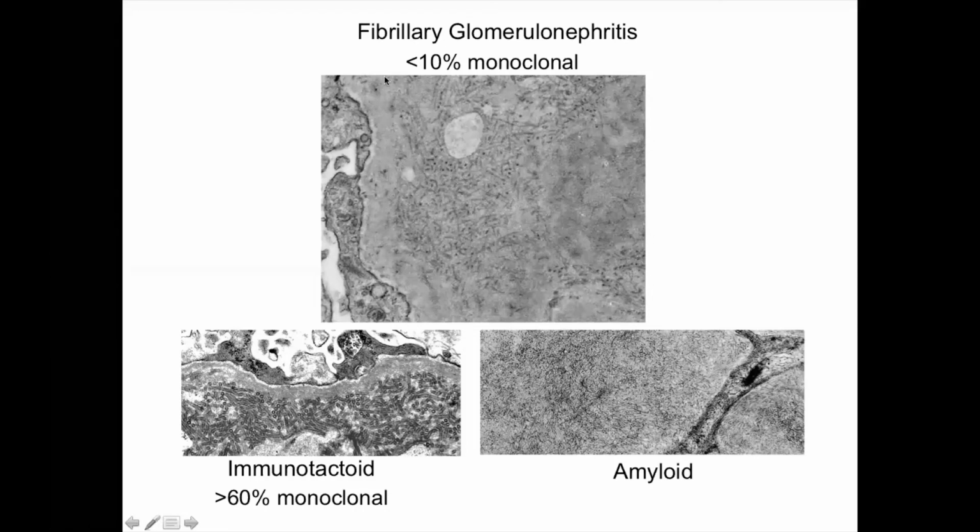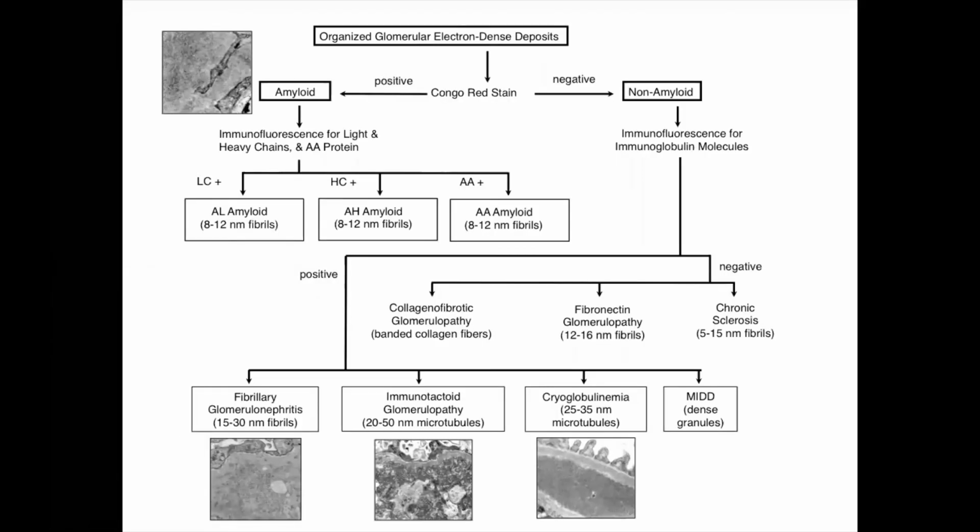So we have organized glomerular electron dense deposits, and we do Congo red on them. If it's positive, it's more likely to be amyloid. As we said, to be honest, some of the references say 12 to 16, not just 8 to 12, it can be up to 16.